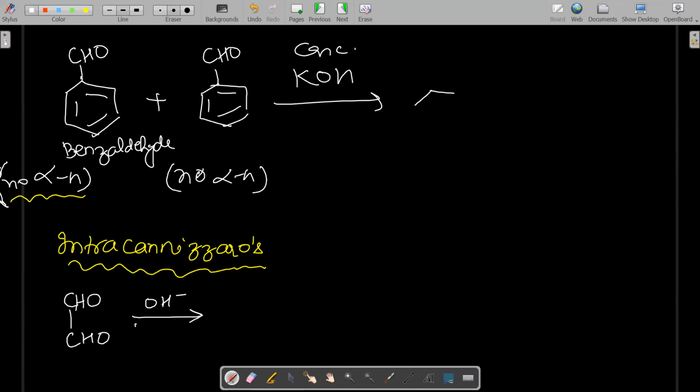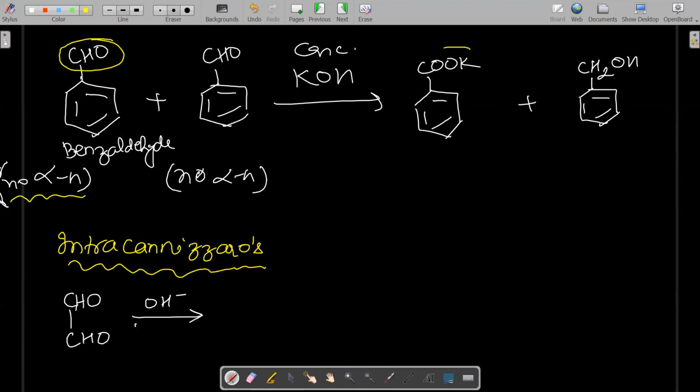One molecule of CHO gets oxidized into CO, and potassium is there, so we can write COK, and another mole of CHO gets reduced into CH2OH. So simply you have seen one CHO gets oxidized into CO and the second CHO gets reduced into CH2OH.